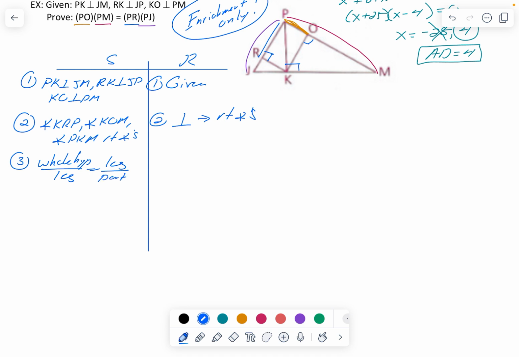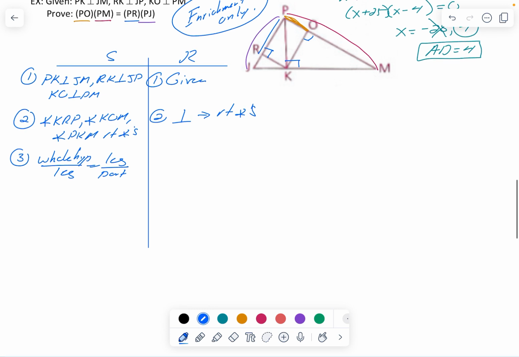So if we look at these two triangles here, let me highlight this triangle right here.